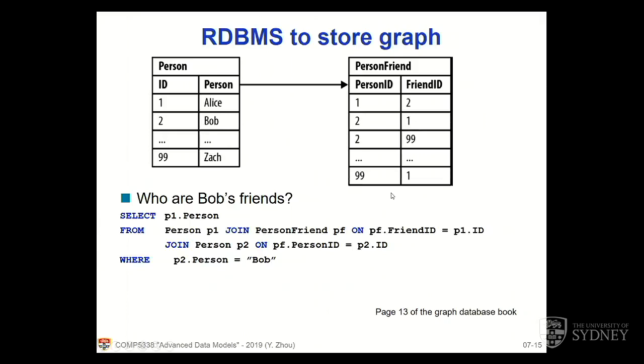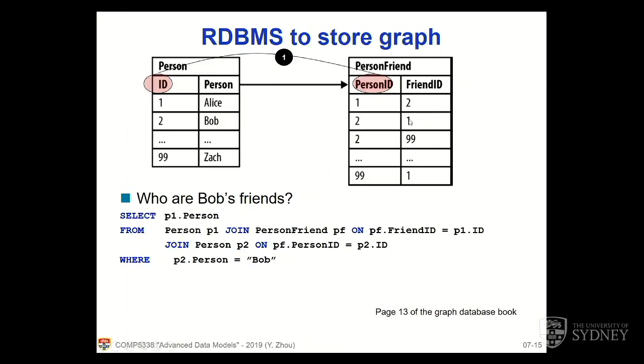And here, because we want to find out the friend's name, we need to basically join twice. First we join this ID with the person ID to find who are the friends of the person here. So if we know Bob's ID is 2, by joining this we are able to find out the friends are 1 and 9, right?